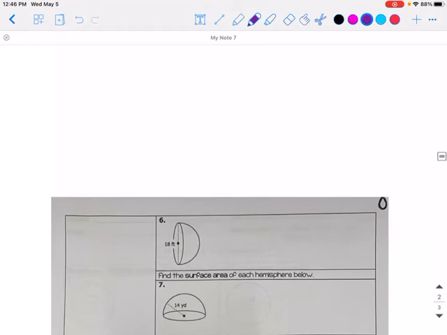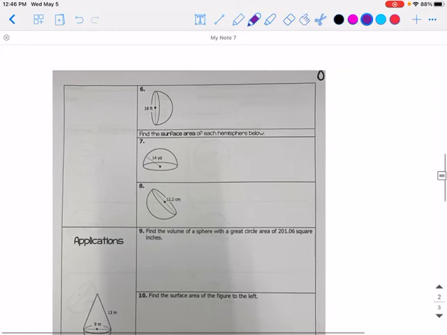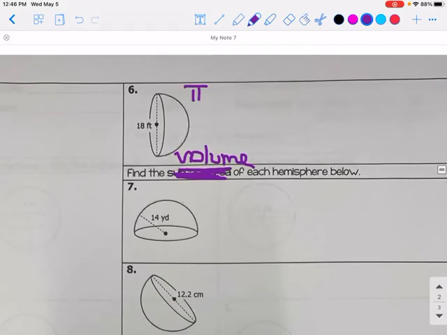Let's go one more. Let's do this a few more times now. And again, right guys, real fast right here, you're not doing surface area, you're going to continue doing volume. Just so you know. But then let's look at number 6. Again, it's not going to be 18 cubed, it's going to be 9 cubed.